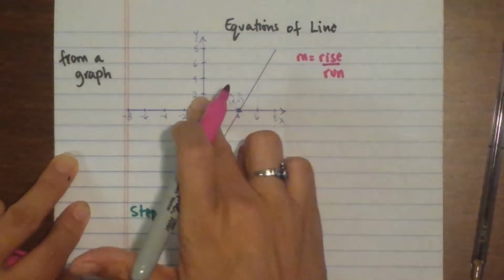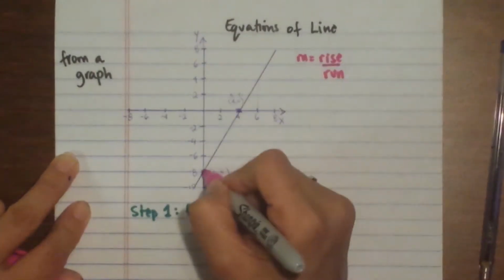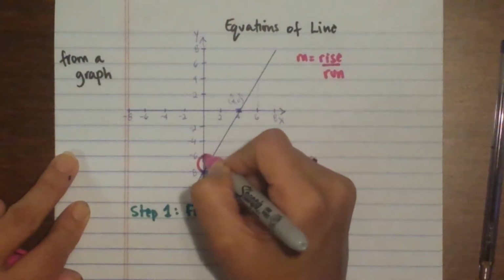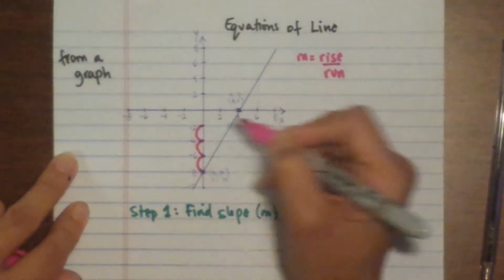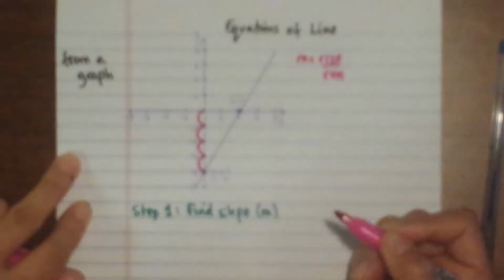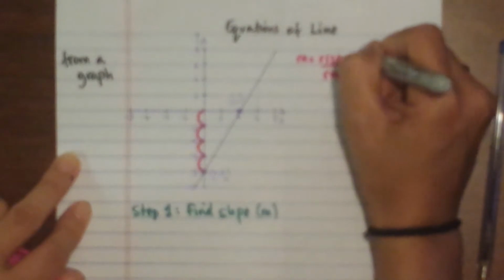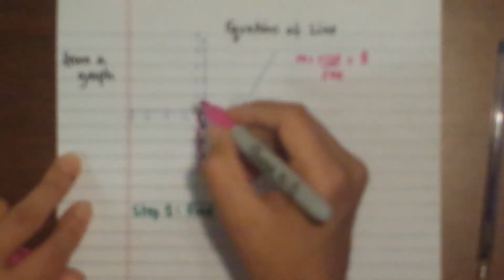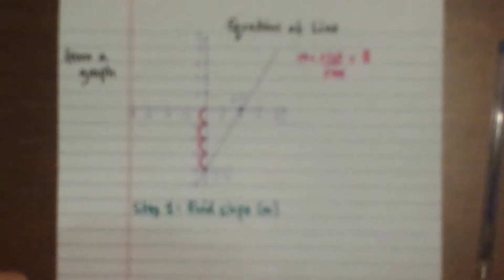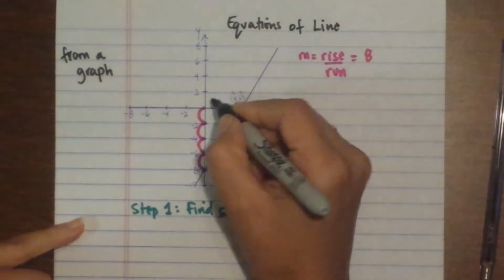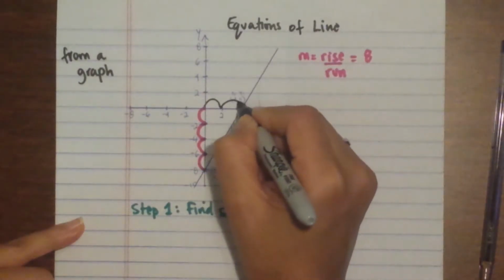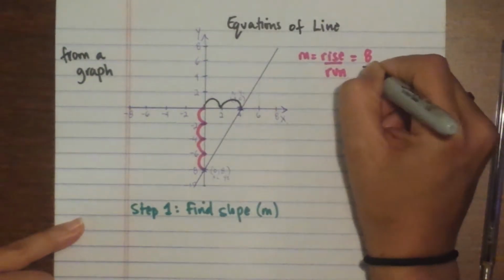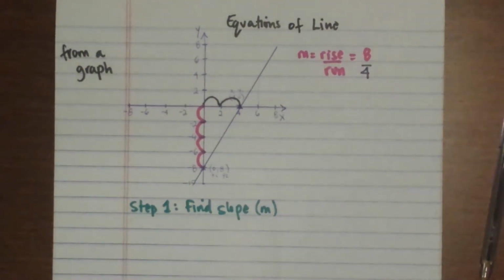How high are you going to go up? How much are you going to run? So I'm going to rise 2, 4, 6, 8. I'm rising 8, positive because I'm going up. Then I'm going to run 2, 4. So I'm going to run 4.